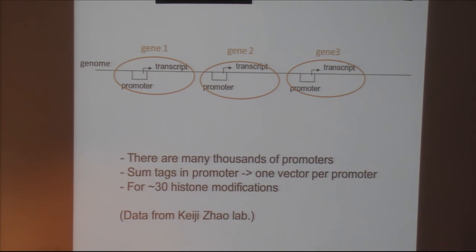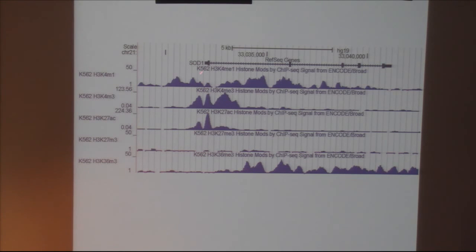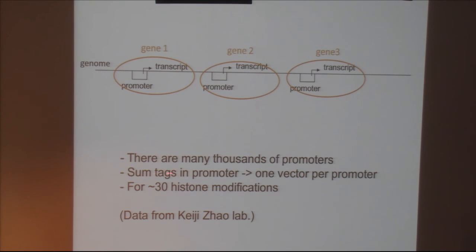In this regulatory region, in our case, the laboratory of Keiji Zhao from the National Cancer Institute in Bethesda has determined around 30 different histone modifications. So we basically look at this region here, and we sum up, or we compute the integral under this curve here in the promoter region. That's the meaning of summing the tags in the promoters. So we get one number per histone modification and promoter. And that means a vector of about 30 modifications per promoter.